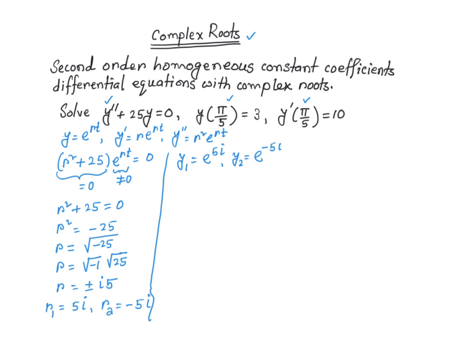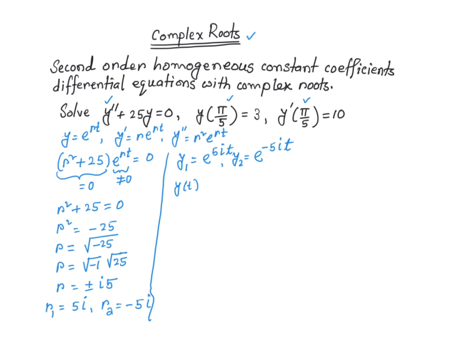So remember, here you don't have a complex number of the form a plus i times b. A is 0, of course, right? So you have the imaginary part, no real part. And this means my general solution could be y of t. Actually, I missed a t here.